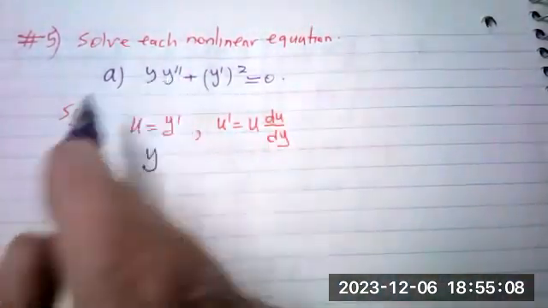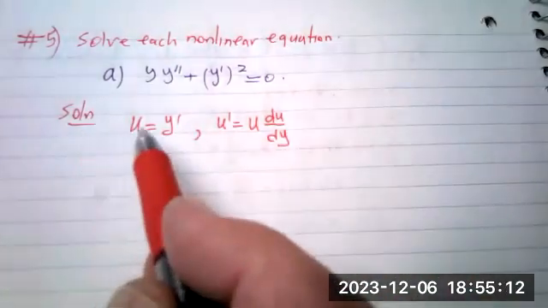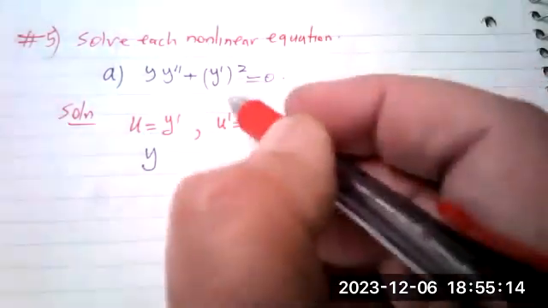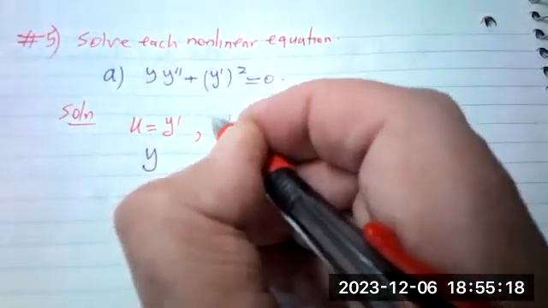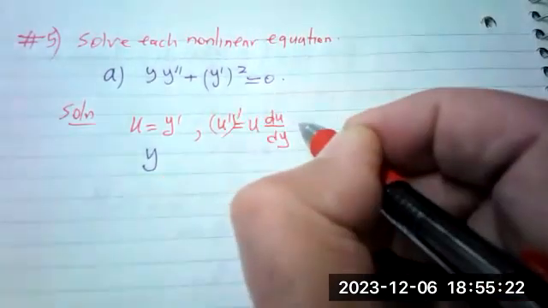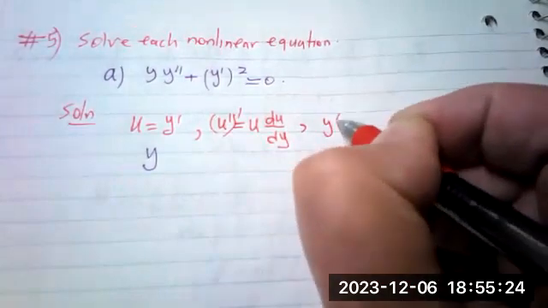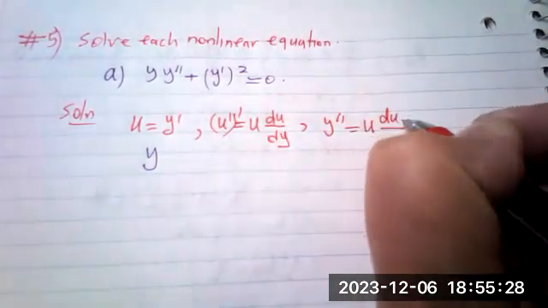Okay, then, sorry, I made a mistake over here. Let me just write it in this format. That's u prime, and u is going to be y double prime. So y double prime is going to be u du dy.